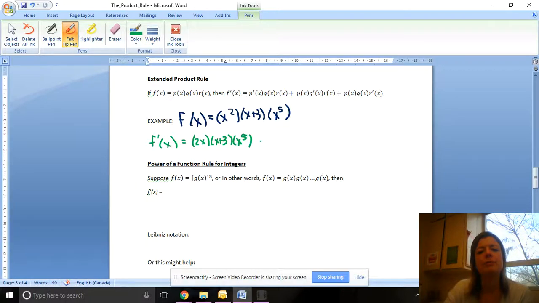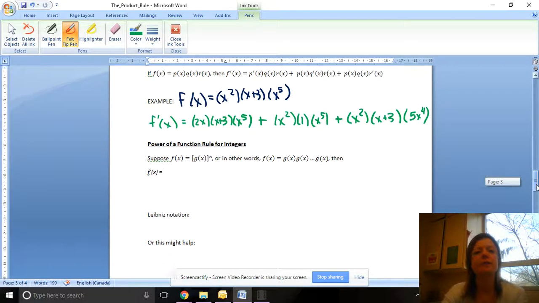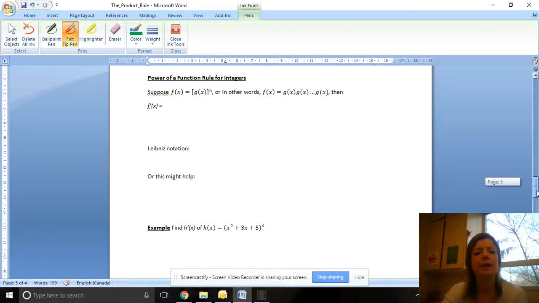Okay, so that's a clump, and then now you add new clump. So the first one stays the same. Now you're taking the derivative of this. New clump. Clump, it's a very technical math term. Okay, now the derivative of the last guy. Okay, so that's the extended product rule if there's more than two functions being multiplied.